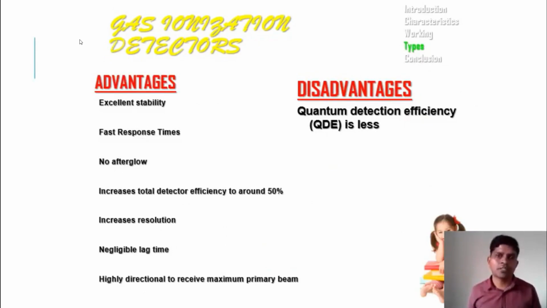The advantages are excellent stability, fast response time, no afterglow, increased total detector efficiency of around 50%, increased resolution, negligible lag time, and highly directional to receive the maximum primary beam. The disadvantage is that the quantum detection efficiency is less.